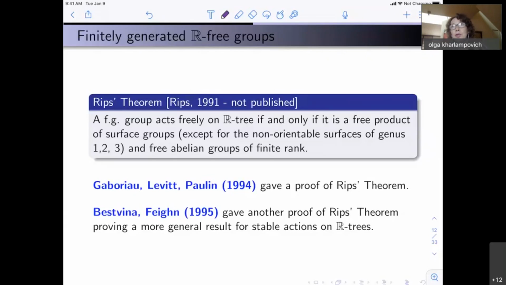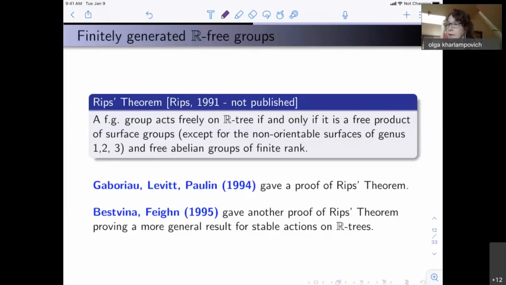And so the same process which solves equations in a free group was used to prove the theorem about free actions of a finitely generated group on an R3. A finitely generated group acts freely on an R3 if and only if it is a free product of surface groups, except for the non-orientable surfaces of genus 1, 2, and 3, and free abelian groups of finite rank.